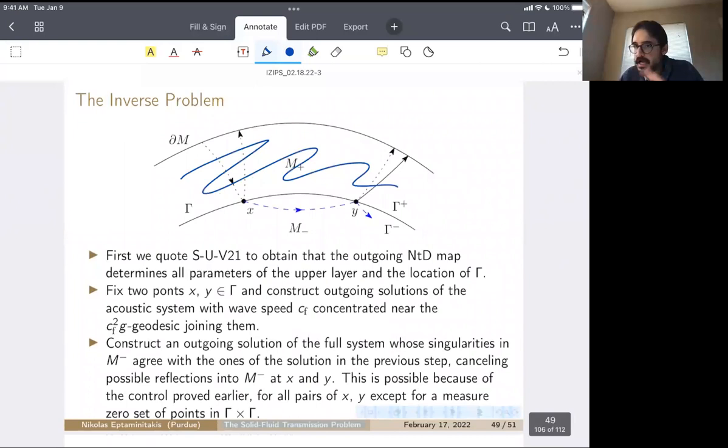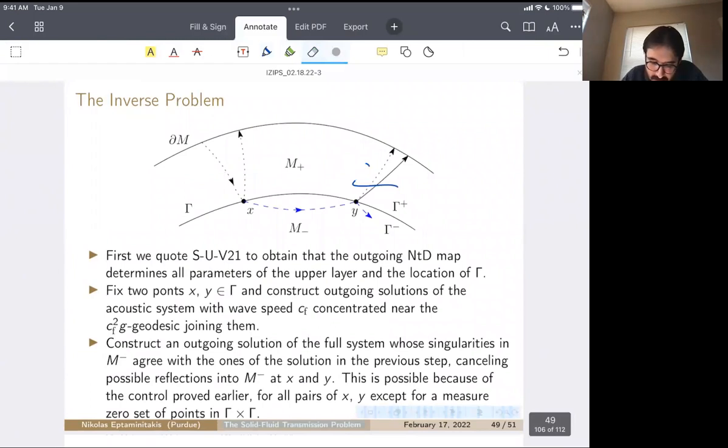You have already recovered the position of the interface, and that allows you to say that for the solution of the tilted system, you're going to hit this point X, and by time reversal you're going to hit that point Y, and you're going to do that in the same amount of time, and you recover the travel time.